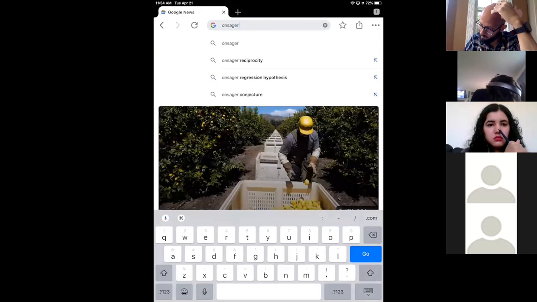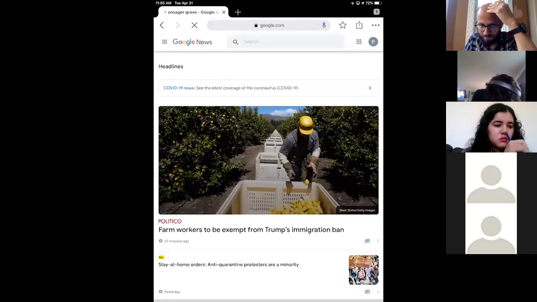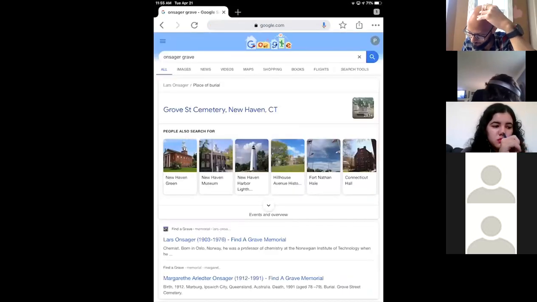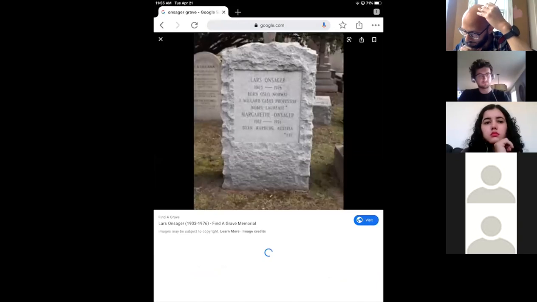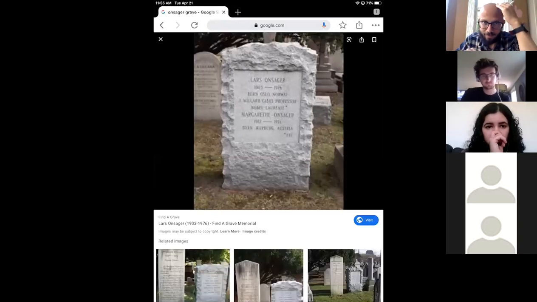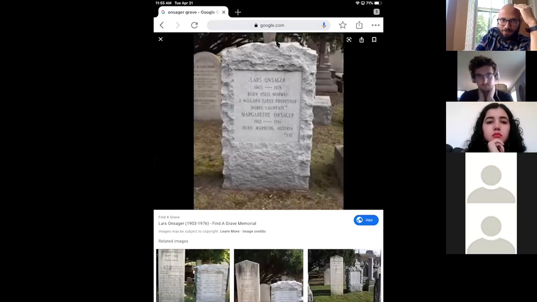Onsager. Oh, since I am on Google, I want to show you something interesting. Onsager was buried at Yale University. And this is his grave. I think it's quite an interesting grave inscription.